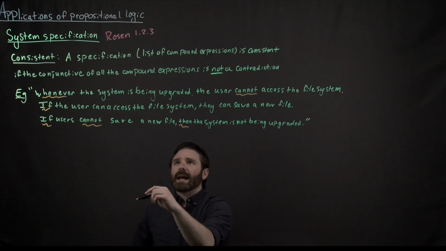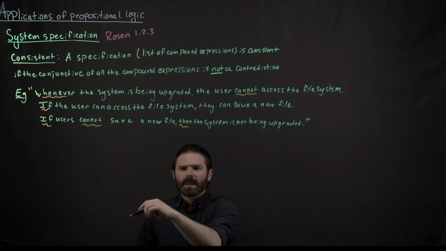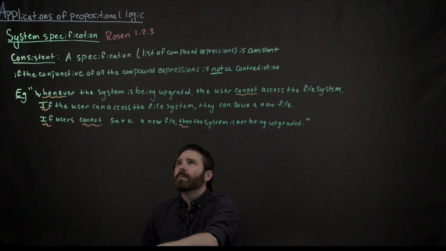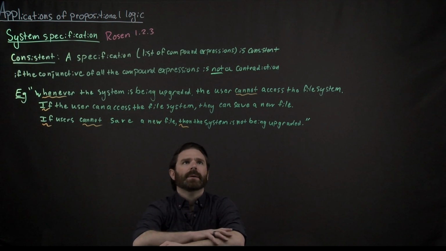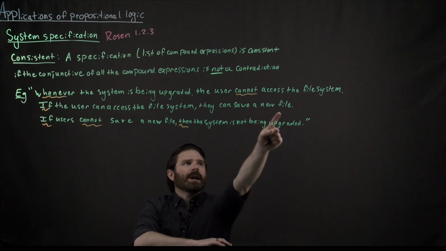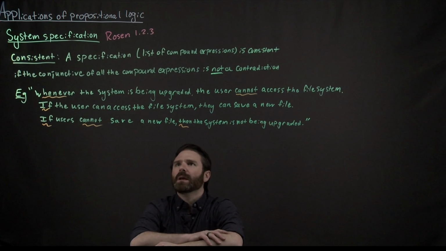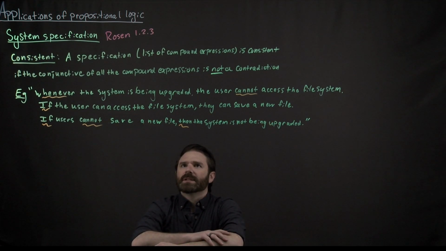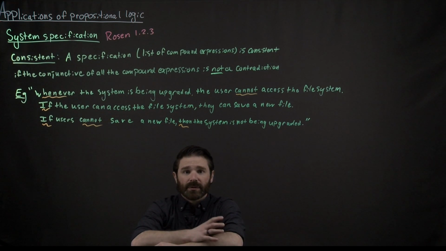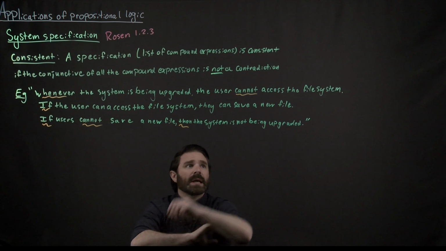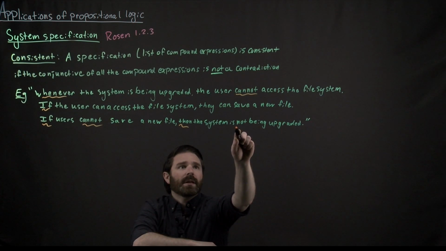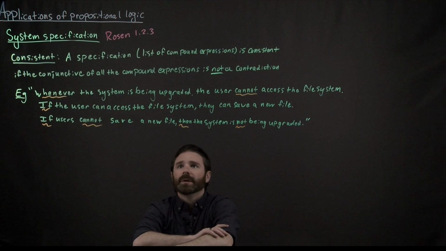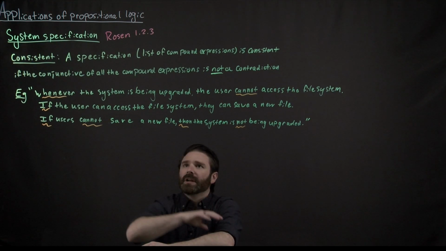So looking at that makes me think that, well, my propositional variables might be the system is being upgraded, something about accessing the file system. Well, accessing the file system again, that's a good indication that that's going to be one of my propositional variables, as well as saving a file. Well, there's the system being upgraded, and another little word, not right here, that's going to be important, and saving a new file.